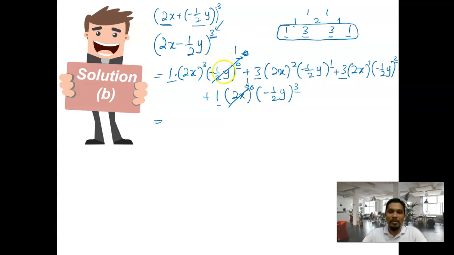Now, because this is 1 and it's also power of 0 equal to 1, let's simplify this. 1 multiplied with 1 and (2x) cubed.